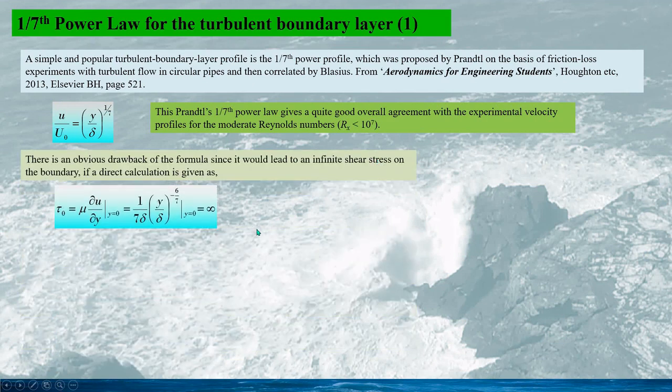However, there is an obvious drawback of the formula, since it would lead to an infinite shear stress on the boundary. A direct calculation for the shear stress on the boundary is given by this. Here, when y equals 0 on the boundary, it is infinite.